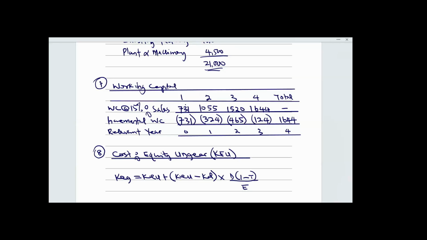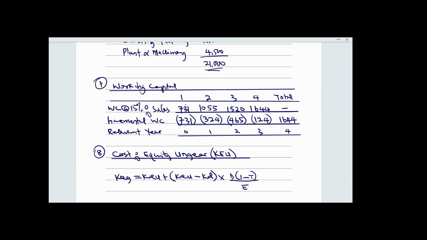The 324 that occurs at the end of year 2 will be treated as cash outflow in year 1. The one at the end of year 3, 465, will be treated as cash outflow in year 2. The one at the end of year 4, which is 124, will be treated as cash outflow the year before year 4. Year before year 4 is year 3.